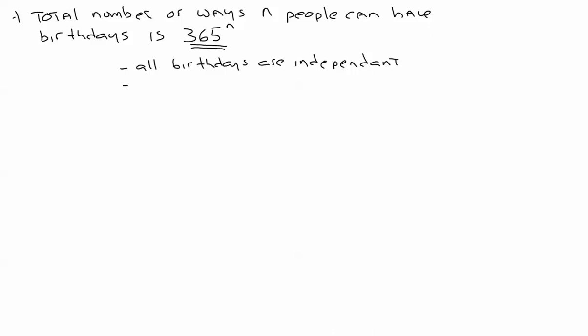And the result here, 365 raised to the n, includes all of those cases when the group of n people do have coincident birthdays and when they do not. So coincident birthdays are irrelevant.